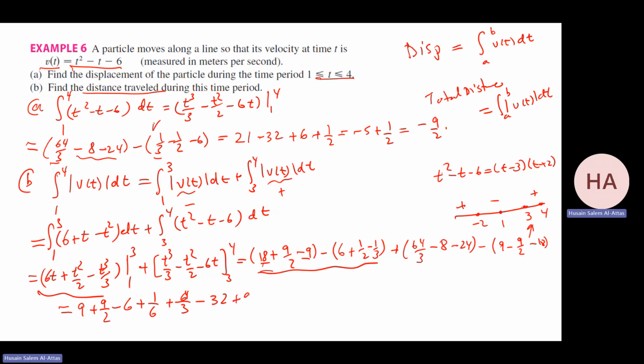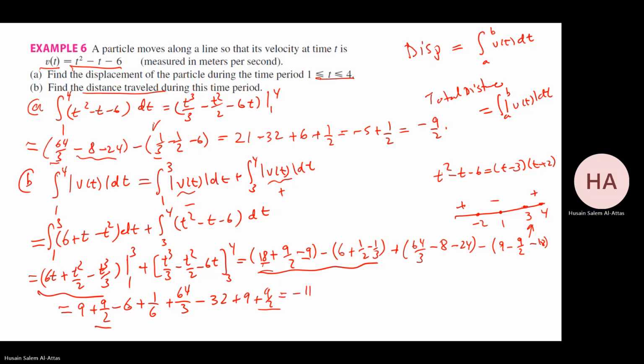That will be plus 9. Plus 9 over 2. So this gives me 9, 9, 9, that will be 27. 27 minus 32, that's minus 5. That will be minus 11.